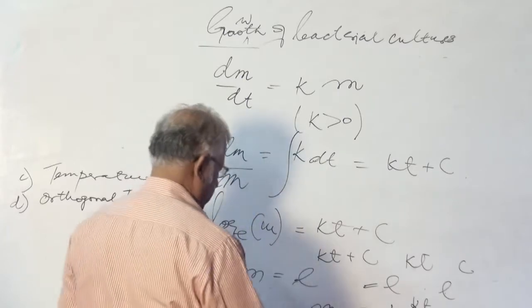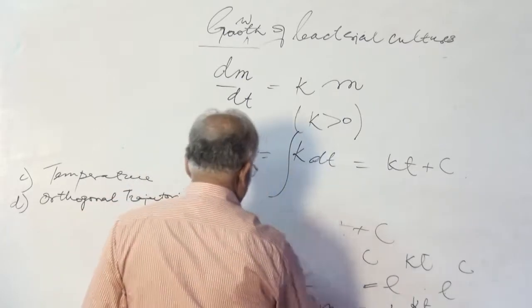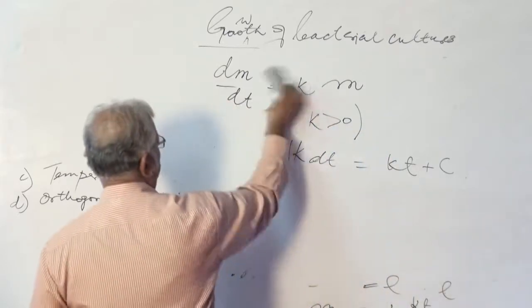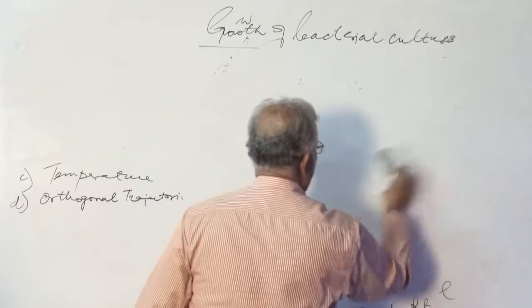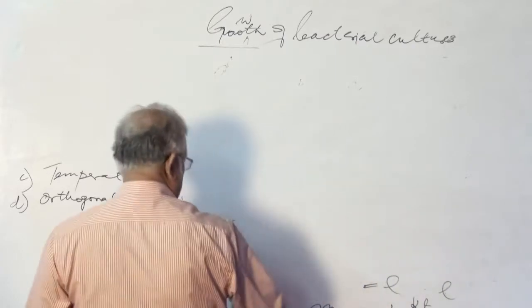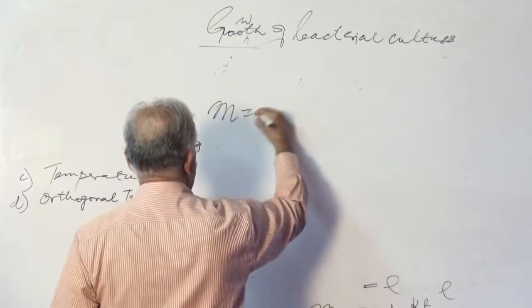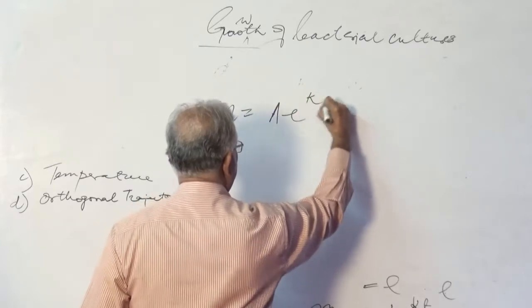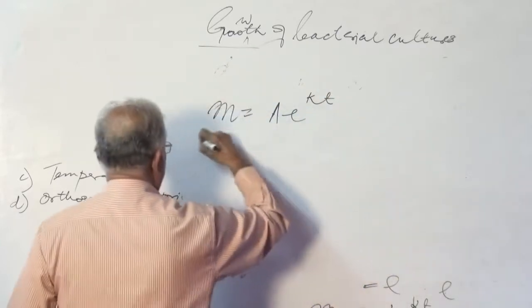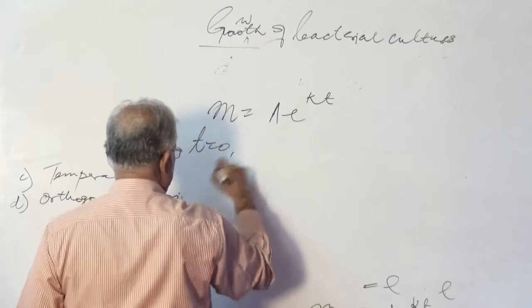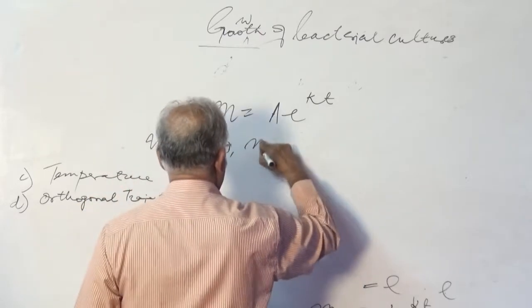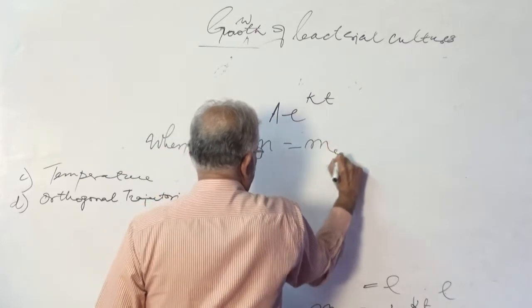We will do it a little above so that there is a simpler understanding. If m is equal to A e to the power of kT, we put t is equal to 0, m is equal to m naught.